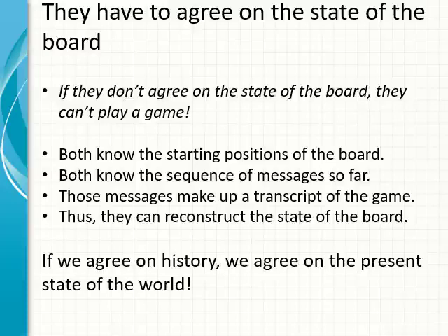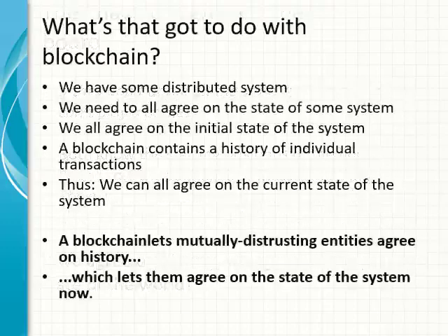So behind blockchain technology, there is game theory. In game theory, if we agree on the history, then we also agree on the present state of the board. So this is the concept of game theory. So what is the relationship of this game theory with the blockchain? In blockchain, we have a distributed system, and in this blockchain we need all the participants to agree on the state of the system.